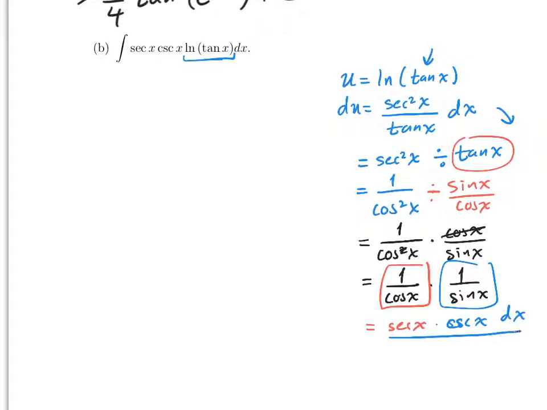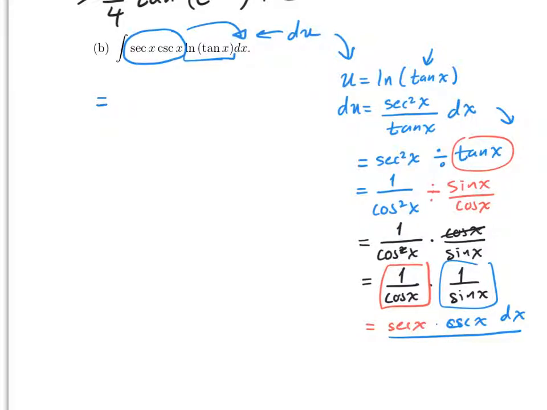So technically all of this right here will be the du if you use this substitution. And that will make the problem very easy, but it requires that you do all this trigonometry on the side. But once you have done this, the problem will be very easy.